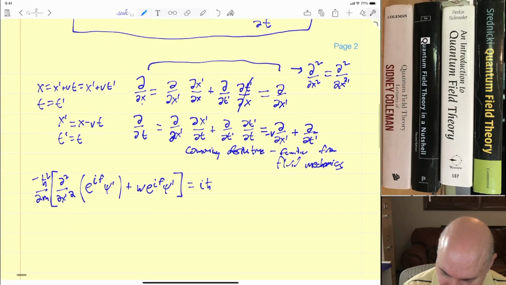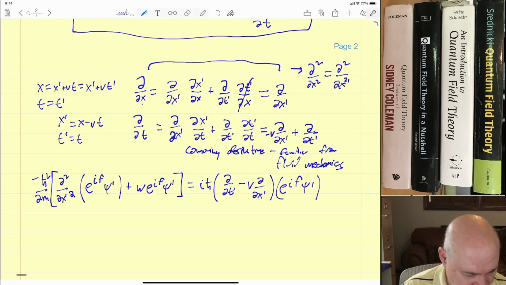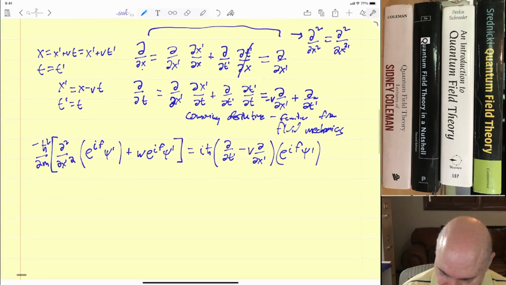We have the partial with respect to t here. So I have i h bar, the partial with respect to t prime, I'm just changing the order of this term, minus v, the partial with respect to x prime, applied to e to the i f psi prime. Okay, so that's our Schrodinger equation.